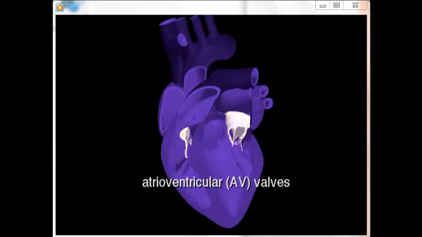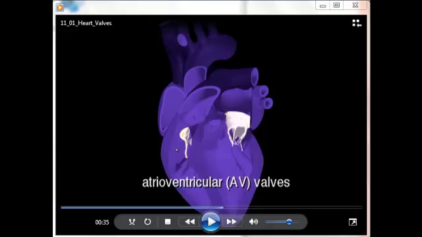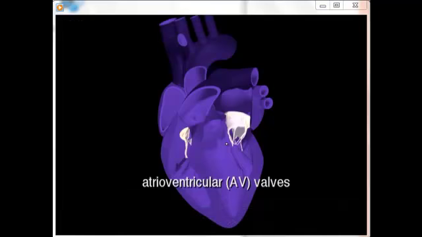The right AV valve is called the tricuspid valve, and the left AV valve is called the bicuspid valve. They both work in the same way, but they're shaped a little bit differently. One has fewer cusps than the other, so they call it the bicuspid and the tricuspid valve.